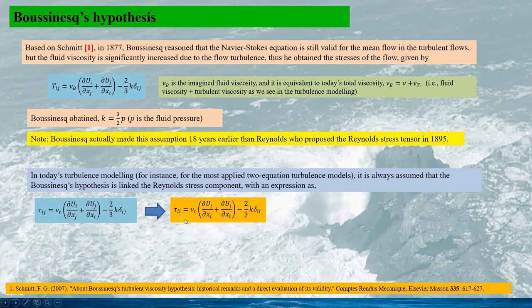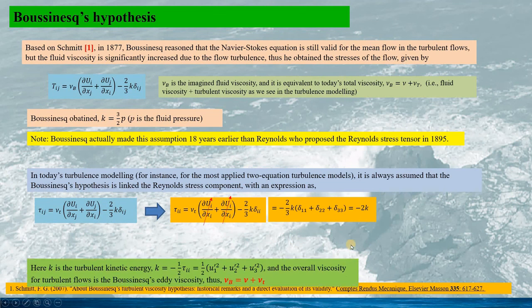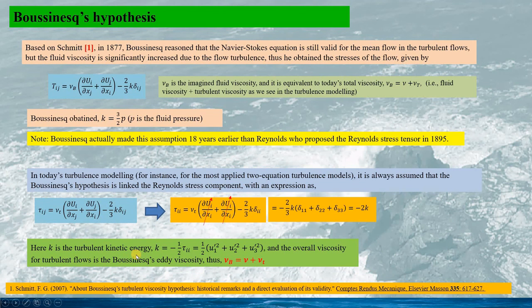If we set the indices i equal to j, we have the expression as this, and for incompressible flows, these two terms would be 0. Therefore, we have the expression as this. We can see tau ii would equal minus 2k, and here the k is the turbulent kinetic energy given by this.